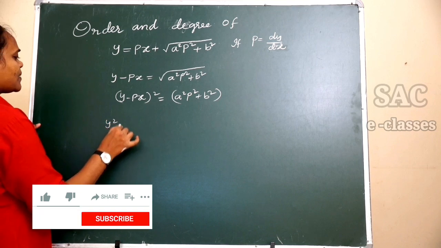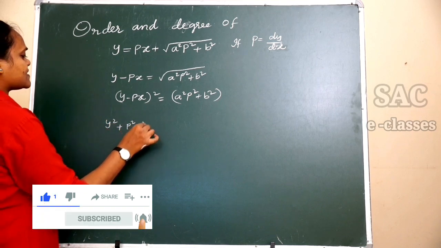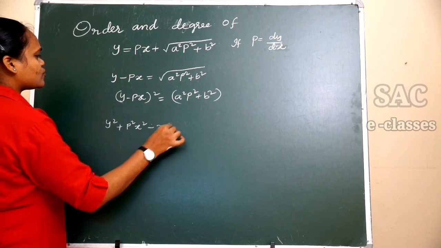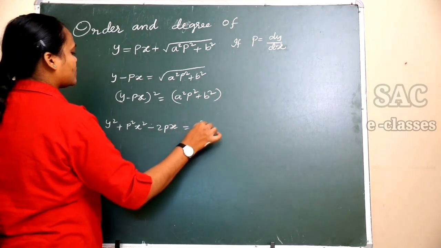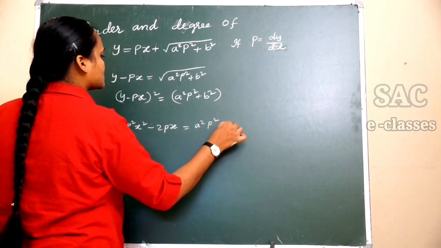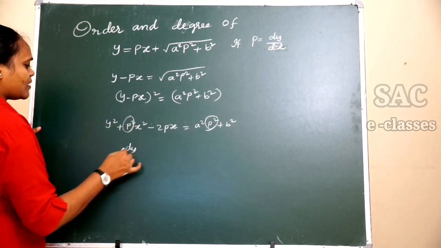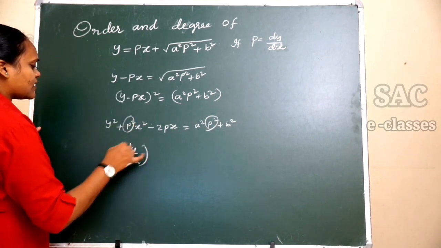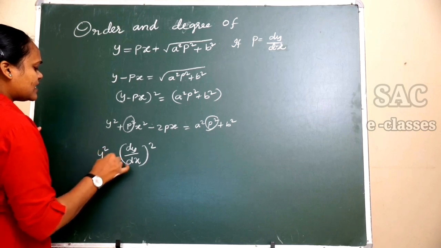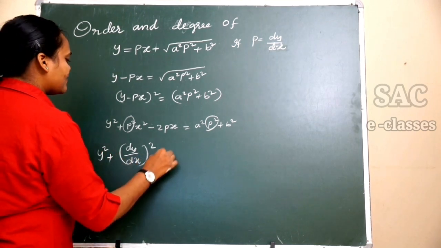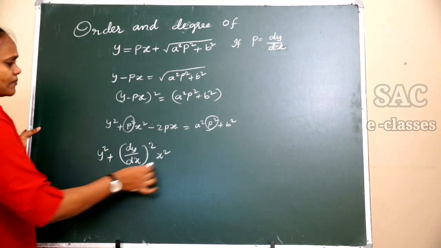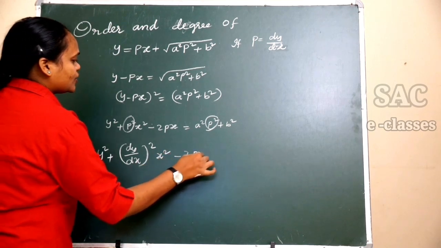Now y square plus p square x square minus 2pxy equals a square p square plus b square. We know that p is dy by dx. So if we write in terms of dy by dx, clearly we can see that the order is 1 but the degree is 2.